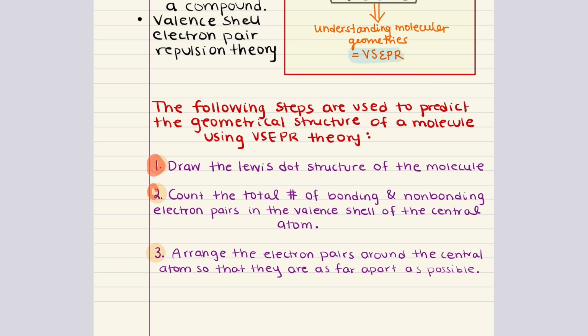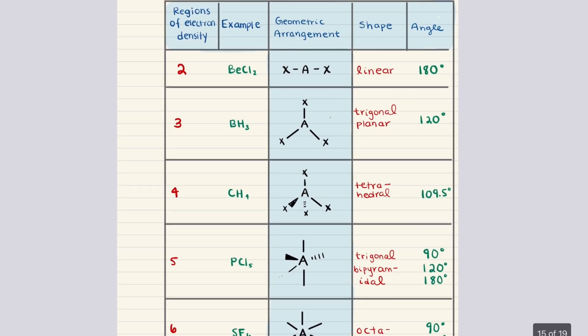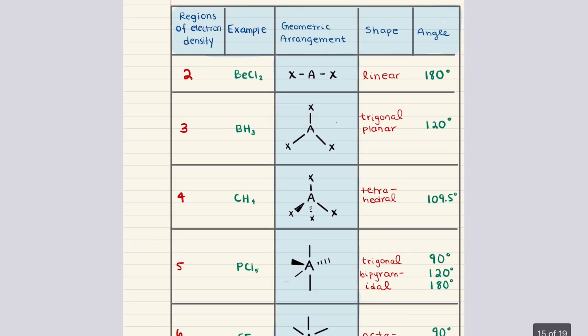Afterwards, count the total number of bonding and non-bonding electron pairs in the valence shell of the central atom. Then arrange the pairs around the central atom so that they are as far apart as possible. To do that, you follow a chart to help you figure out that geometry based off of regions of electron density.